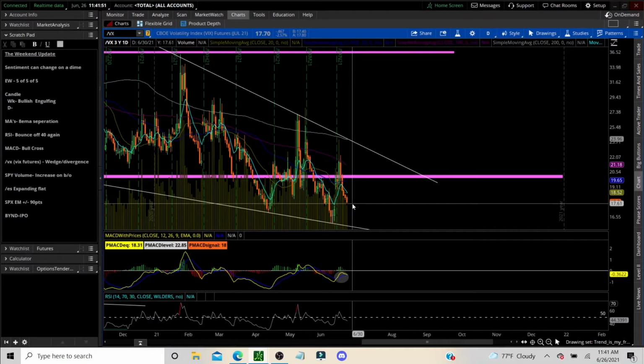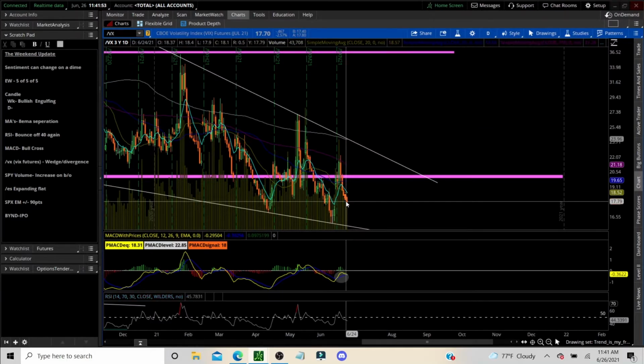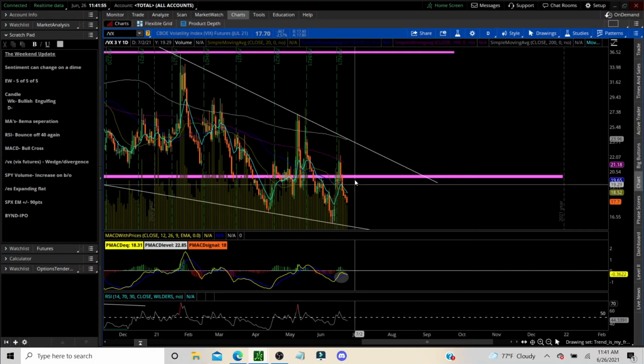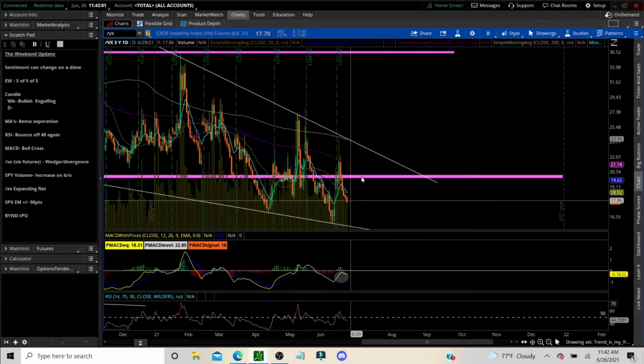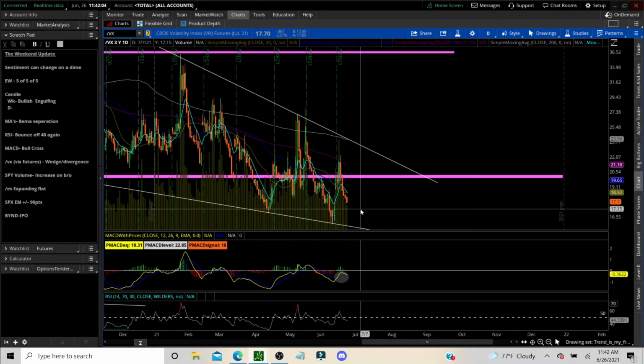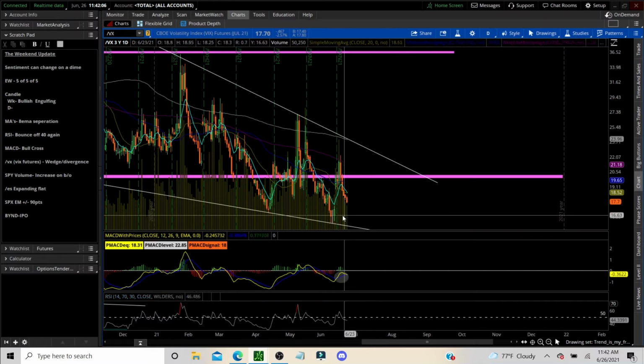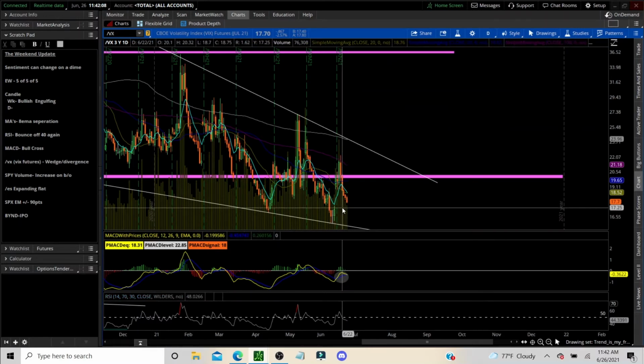The VIX, for all of you new traders, is a fear indicator. That's what we use it for. We're underneath. We're looking to get above this resistance here, but we couldn't hold. When the VIX is up, that means we're fearful that the market is down. So I guess it's an inverse relationship to the market.